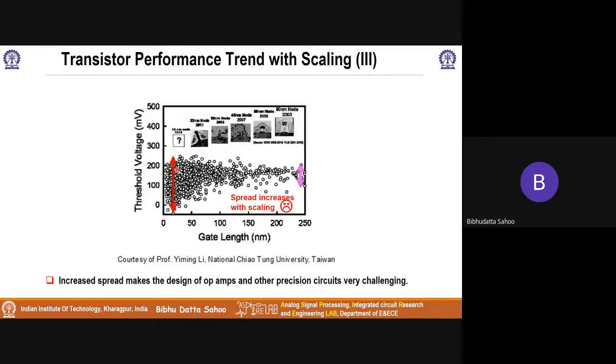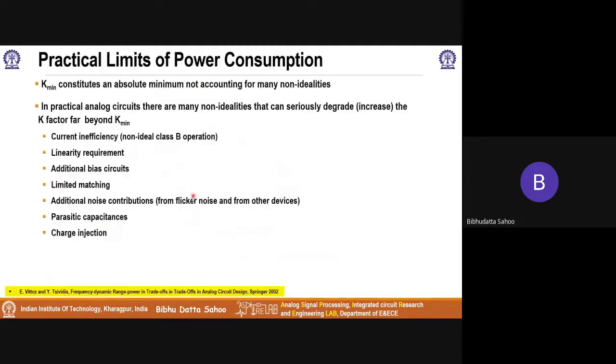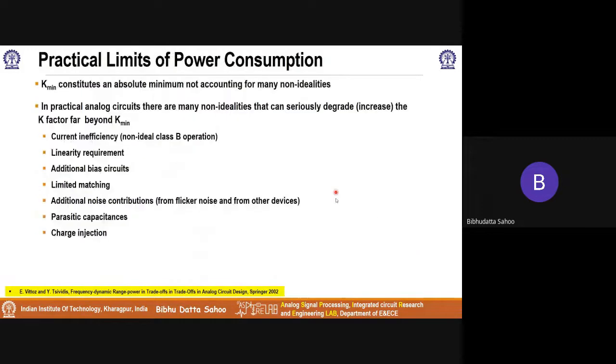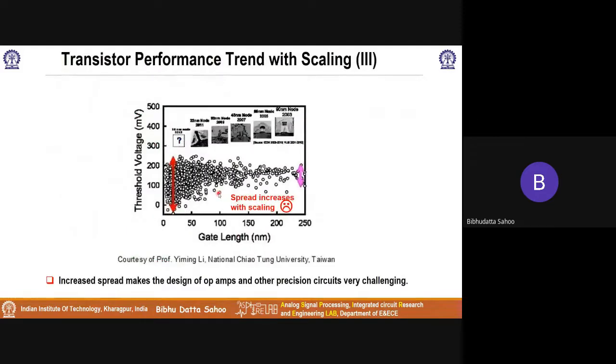And when we make the devices bigger, what happens? The capacitance increases, and therefore the power increases. So this variability is a big factor, and in order to counter the variability, we go for bigger devices. Bigger devices also reduce the amount of flicker noise. As you know, the flicker noise is inversely proportional to the area of the transistor, W times L.